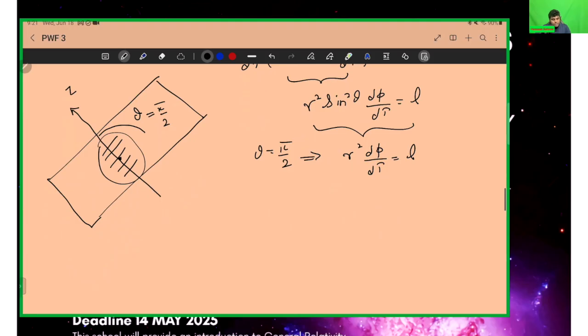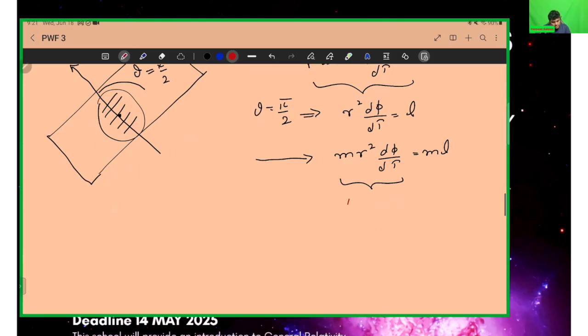Now, if you multiply both sides of this equation by the mass of the particle, which is m, so okay, let me do an extra step. So m r squared d phi over d tau equals m l. You can see that this side just becomes the angular momentum in the phi direction, which means angular momentum about the z axis.